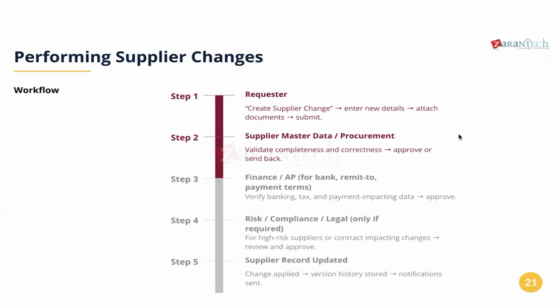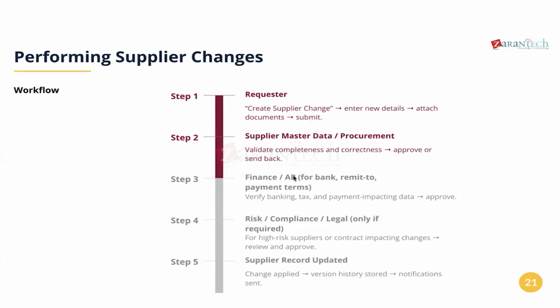From the workflow perspective, it can look something like this. The requester will create the supplier change, enter the details, attach documents, and submit. Then supplier master data of procurement will validate, basically have an oversight here, and approve or send back.